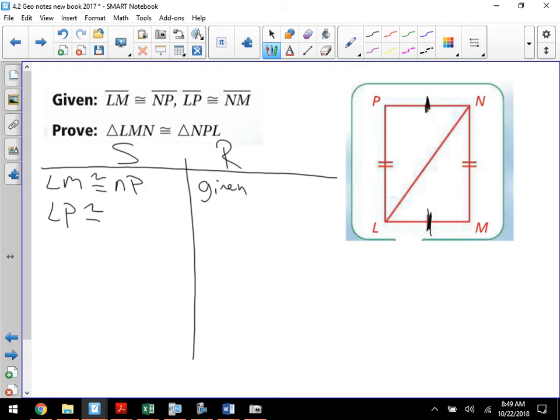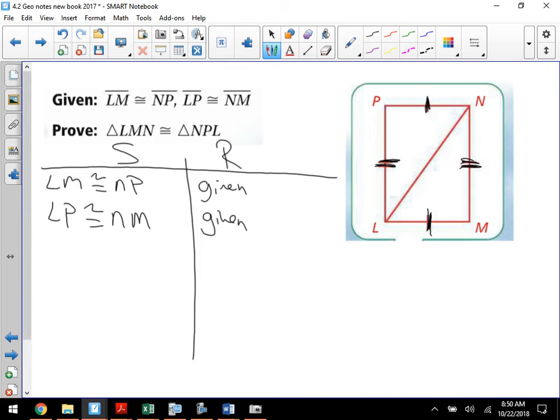LP is congruent to NM. Well, again, it's given. I go to my diagram. It's marked. I need to figure out a way to show that those 2 triangles are congruent to each other. On your progression sheet, you probably have a picture that looks somewhat similar to that. And it tells you something to look for.